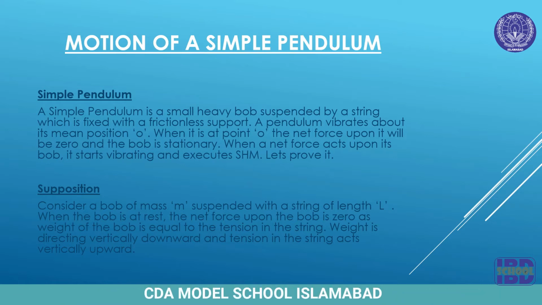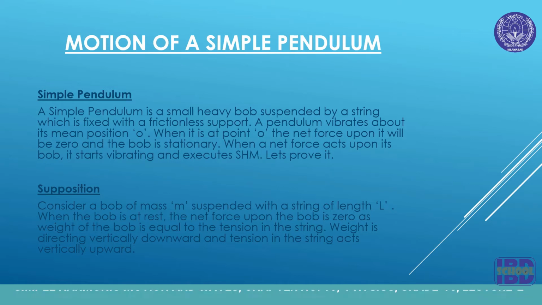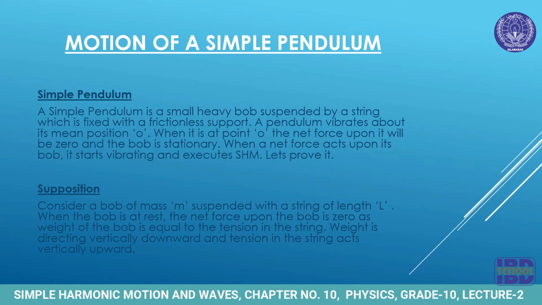As we have seen in class 9th, the weight of a body always acts directly downward towards the center of the earth, and when we suspend any body with a string, a tension is produced in the string. The direction of the tension is just opposite to that of the weight of the body, and its magnitude is the same.